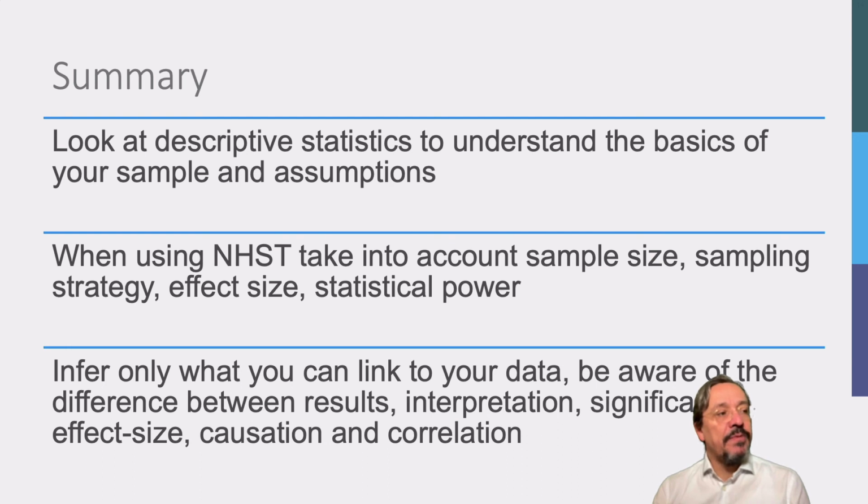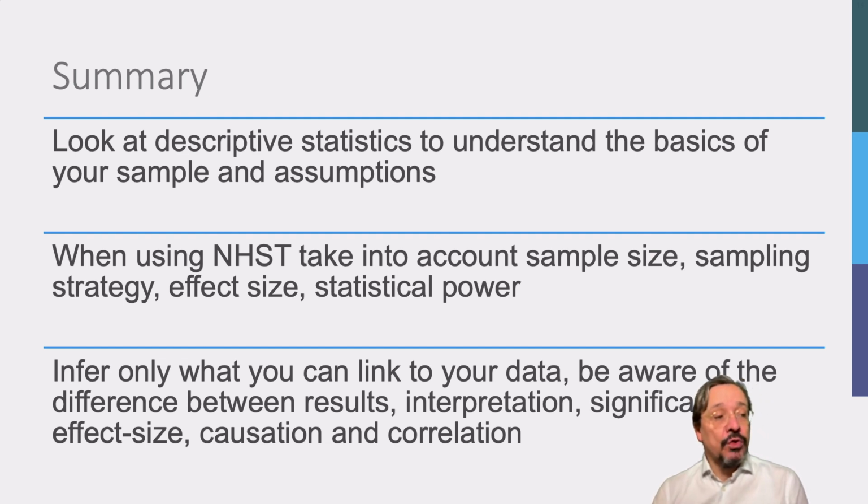So to sum up, look at the descriptive statistics to understand the basics of your sample, your assumptions, and the relation to your hypothesis. When using null hypothesis statistical significance testing, take into account the sample size, the sampling strategy, your effect size, and your statistical power.